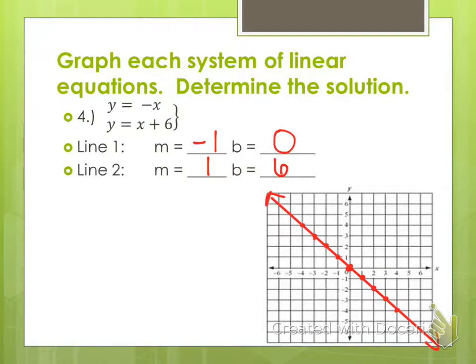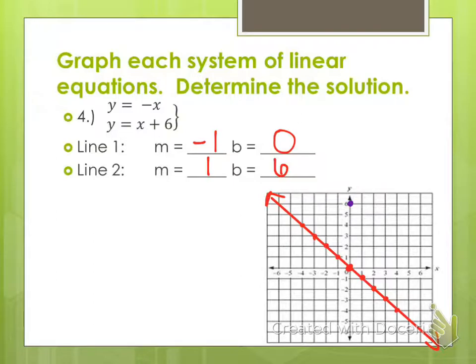Next, we move on to line 2. Where is line 2 starting? I know most of you graphed it, so I know more than just a couple people know where to start that line. Delaney? 6. Up at 6 on our y-axis.